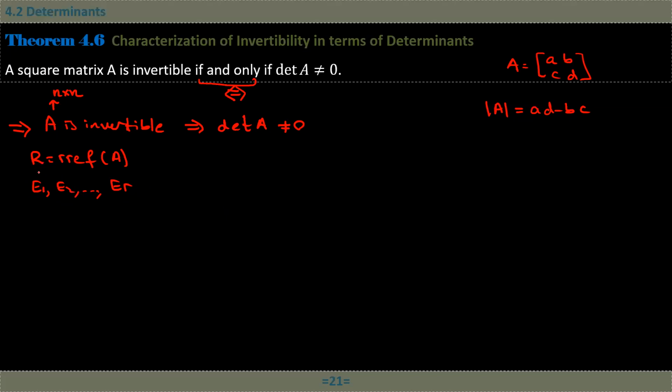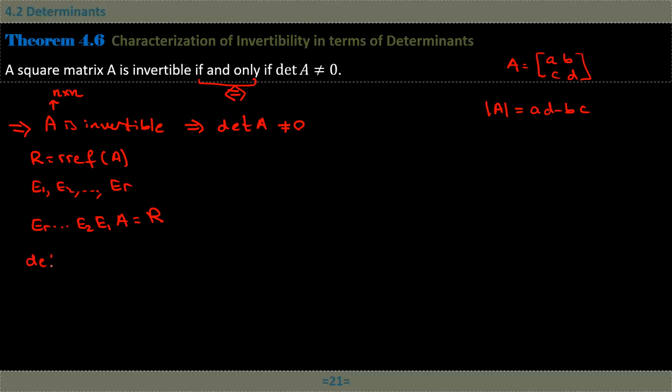And we know that it's unique, right? Reduced row echelon form of A is unique. So that means that here we have Er ... E2, E1, and here we have matrix A, that's equal to R, right? Now, if you take determinants of both sides and use the previous lemma, what do we have here?